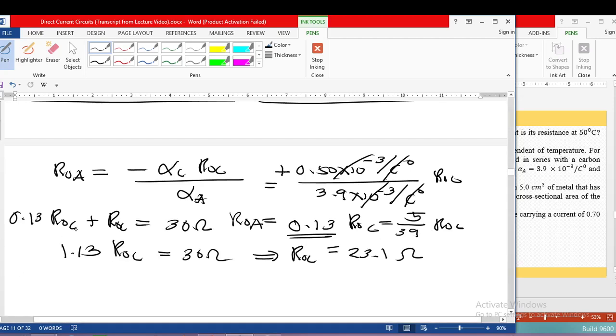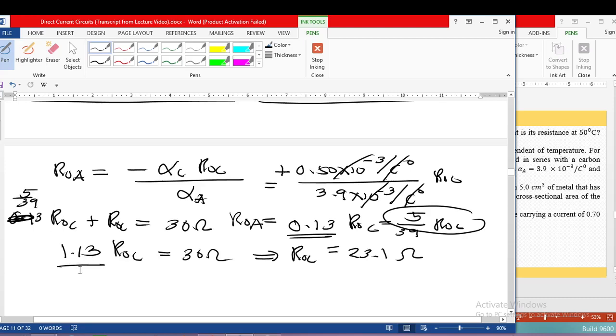And then the R sub naught C will become 1 plus 5 divided by 39. So we have 44 over 39, that is equal to 1.13, right? So we just have to divide, raised to negative 1 and multiply with 30. That is 27. So it is better if we do not approximate. So we just have to use 5 over 39. So instead of 0.13, you have to use 5 over 39.